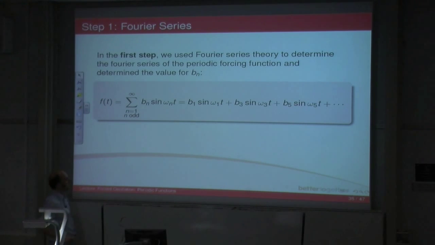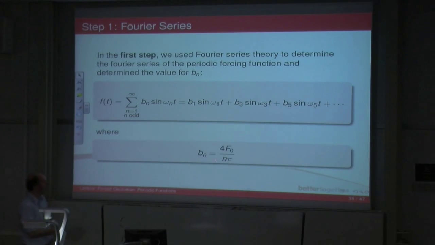So it's b of n sine omega nt. And if we do the sum from 1 to infinity for n odd, you end up getting these terms added up together, and so on until n equals infinity. For this term, we have 4f naught upon pi. For this term, we've got 4f naught upon 3 pi. For this term, we've got 4f naught upon 5 pi, and so on.